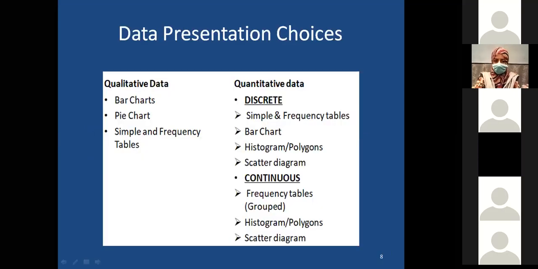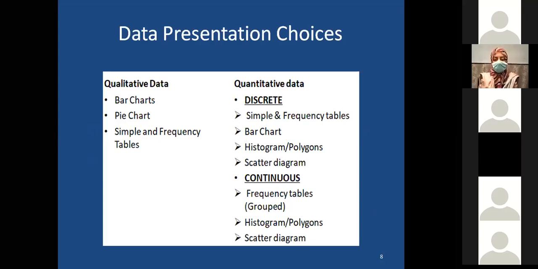So for qualitative data, what options do you have for presentation? You have bar charts, pie charts, and simple tables and frequency distribution tables. And then you have quantitative data. This may be discrete or continuous.